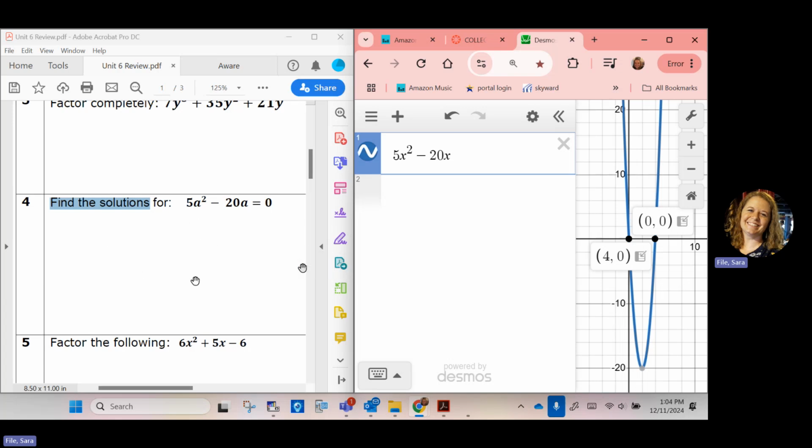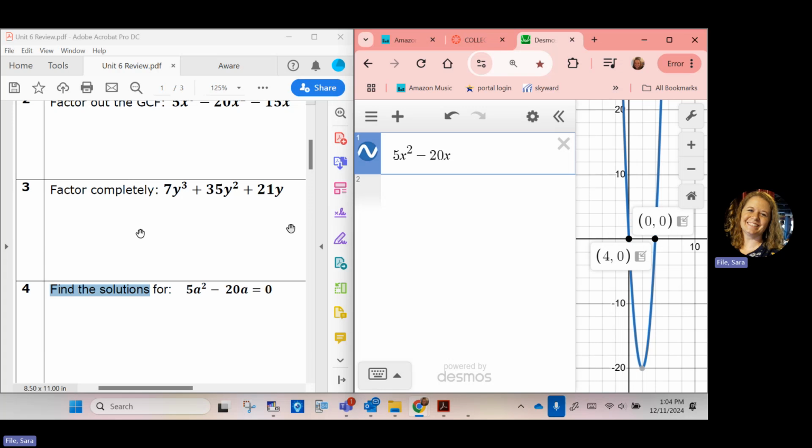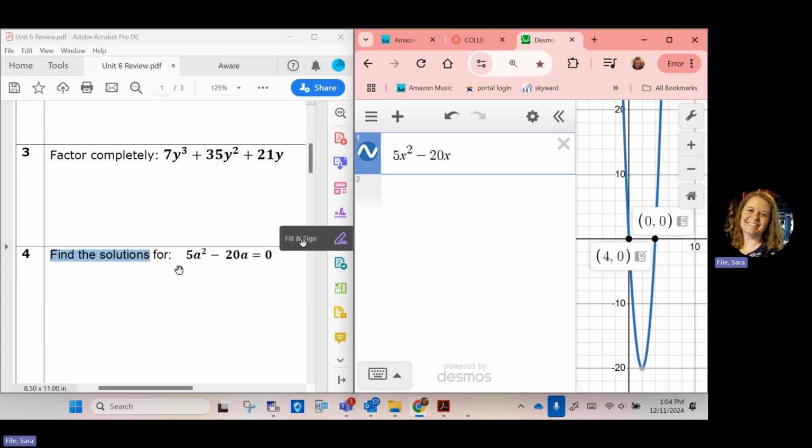So you don't have to do all this by hand if you can just look at the graph and see the solutions. Now, the ones that just tell us to factor are different, because they're not just asking for the x-intercepts. Let me explain those in a second.